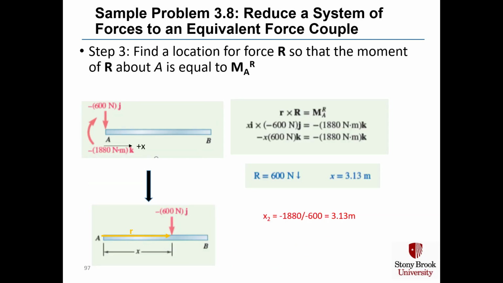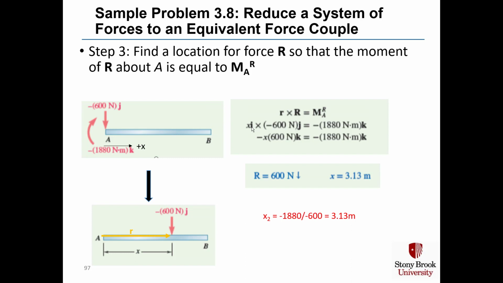In step 3, we get to find the location for force R so that the moment of R about point A is equal to the resultant moment M sub A. Small r cross large R has got to be equal to the resultant moment M sub A. Vector r is x in the I direction, where x is just the value along the beam going to the right.